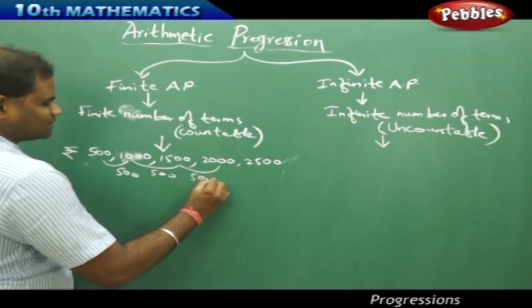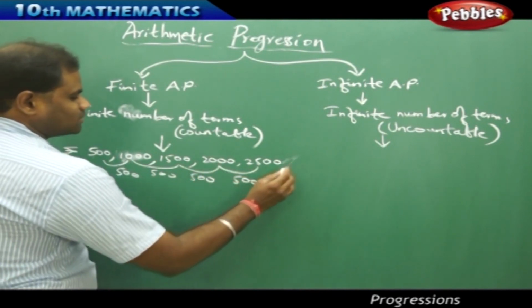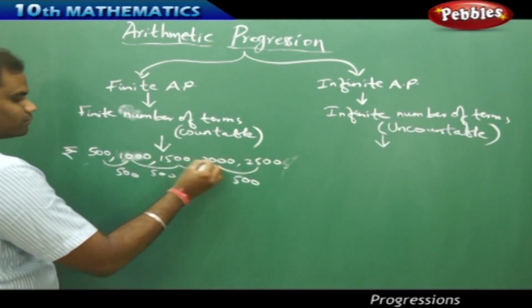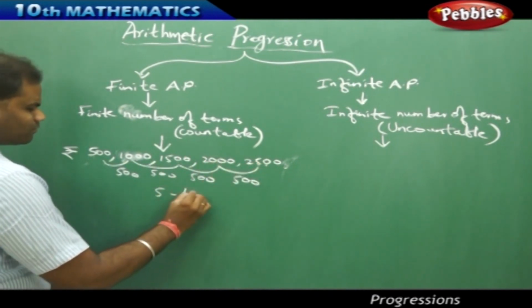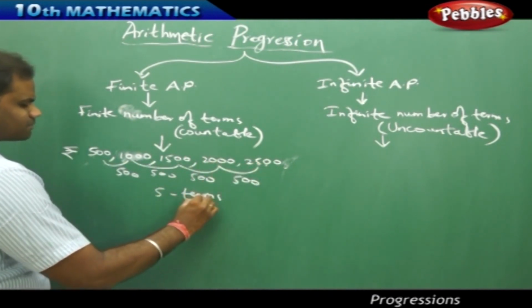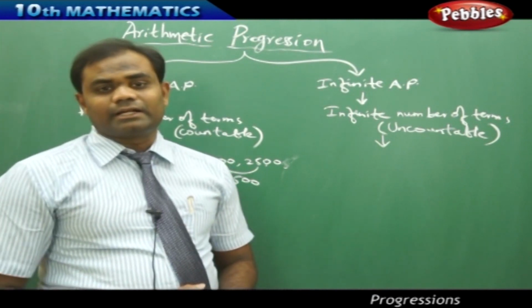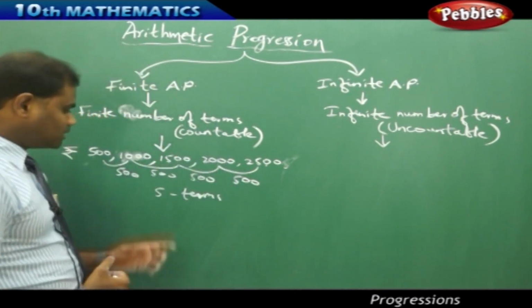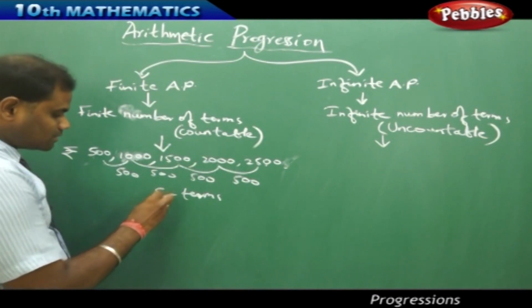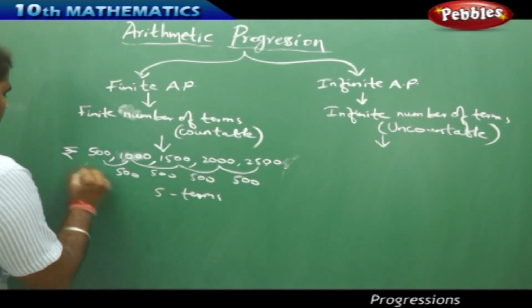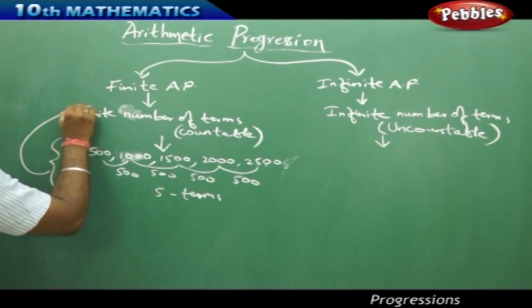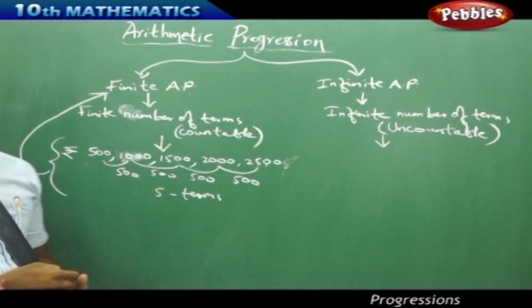Not only that, the number of terms is limited, 1, 2, 3, 4, 5. So there are 5 terms in the entire sequence. Therefore, this arithmetic progression, since there are 5 terms, is an example of a finite arithmetic progression.